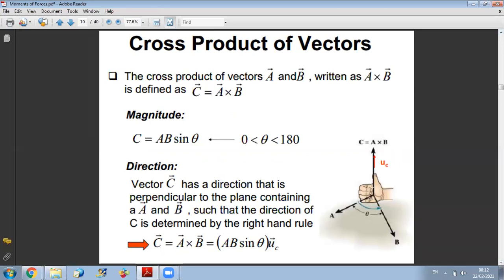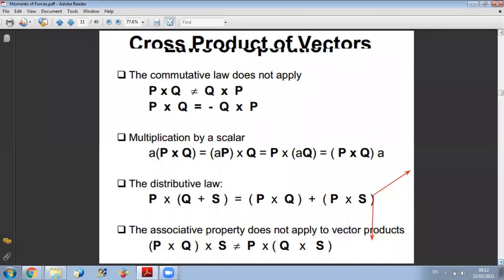So if I have the same vector A but opposite, then C will be downward with the same magnitude. So this is why we can say that P vectorial Q is minus Q vectorial P.